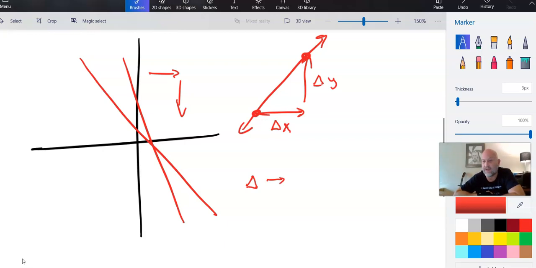In math, in physical sciences, and in quite a few places, this is the Greek letter delta. And so this is delta x. What it means is a change in x.